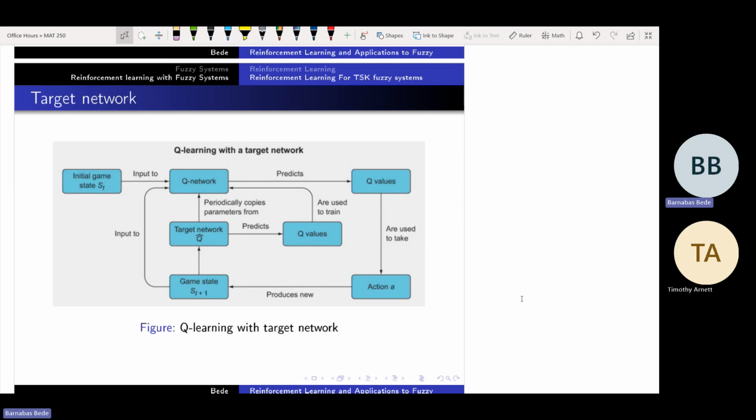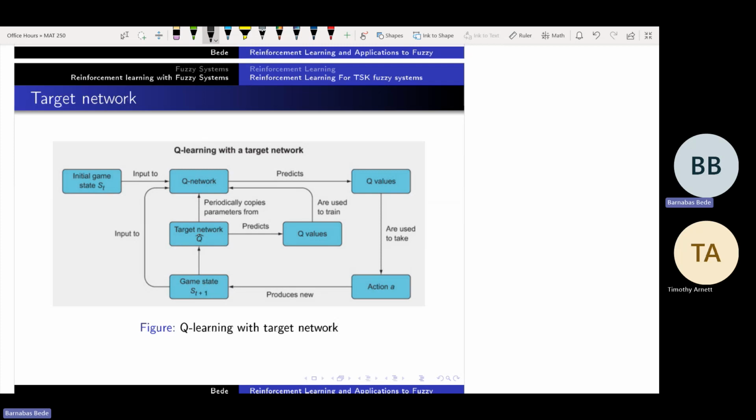Okay, so here's Q-learning with target network. One more explanation for that. In the initial state, we have the Q network. We predict the Q values with the TSK system here. Then we take the action A. We get into state S t plus 1.